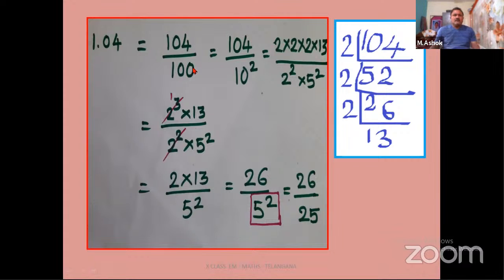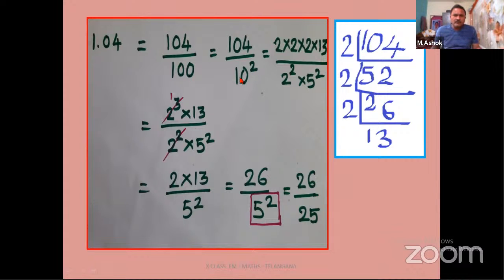Now write the prime factorization of 104. 2 5 are 10, 2 2 are 4, 2 2 are 4, 1 remainder, 12, 2 6 are 12, 2 13 are 26. So 104 is 2 into 2 into 2 into 13, by 100, which means 10 square.